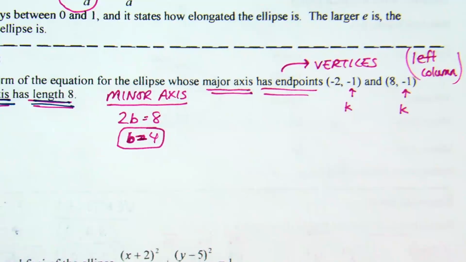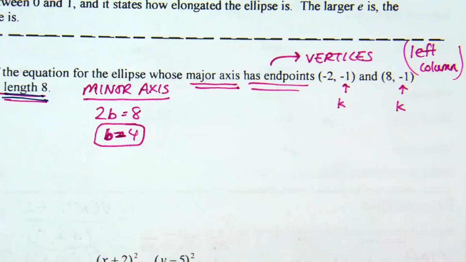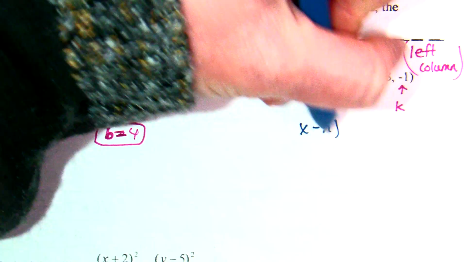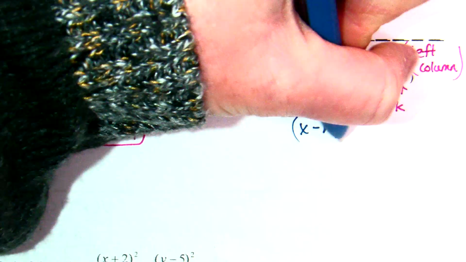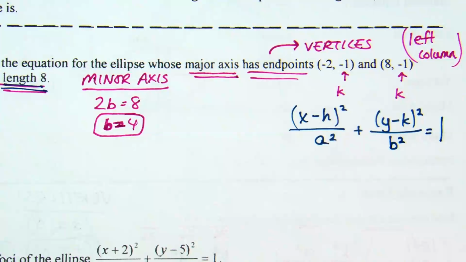I'm going to write my equation down, not the filled in one but the generic form: x minus h squared over a squared plus y minus k squared over b squared equals 1. Okay, we're making progress here. We have K now. We already had B. We still need A and we still need H.